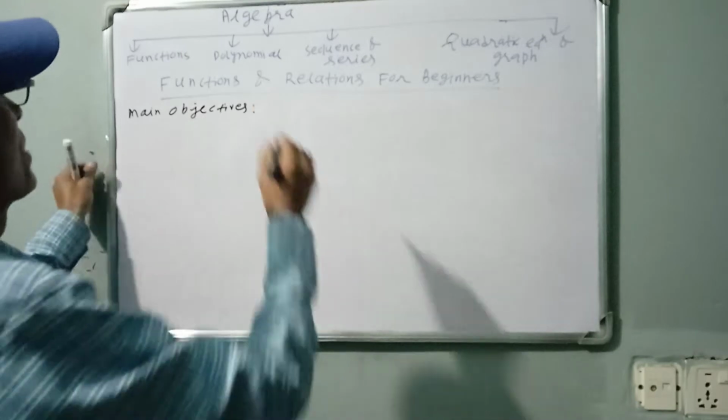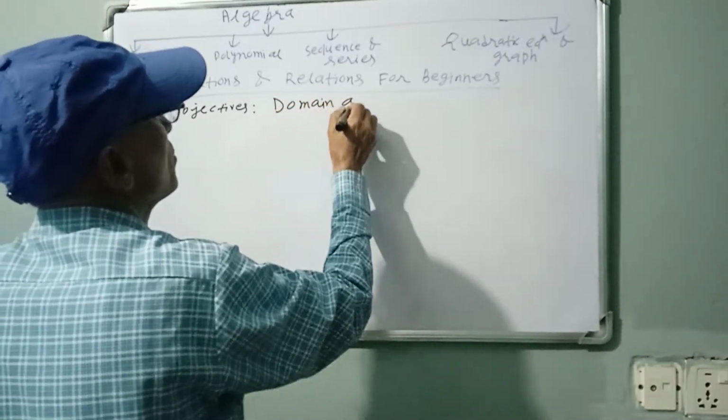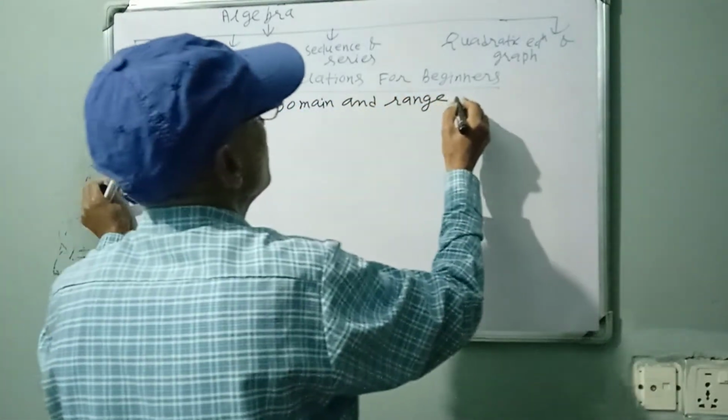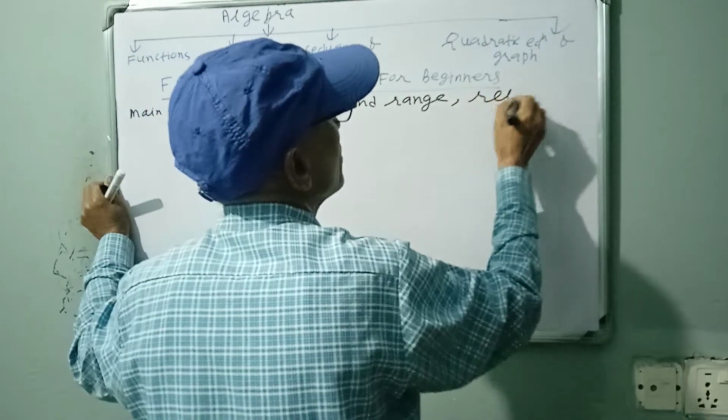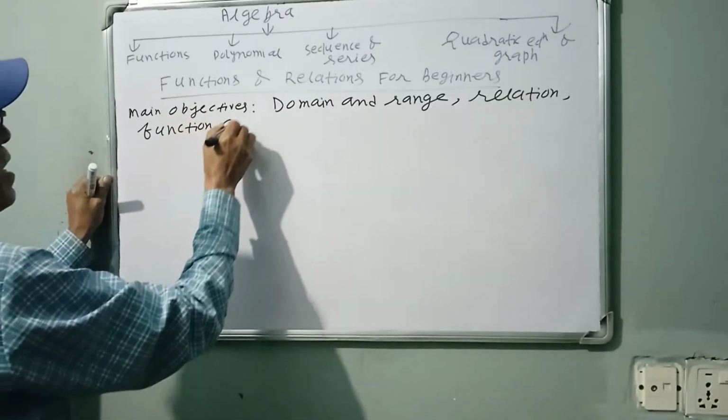The main objectives of this lesson are as follows: domain and range, relation, function and types.